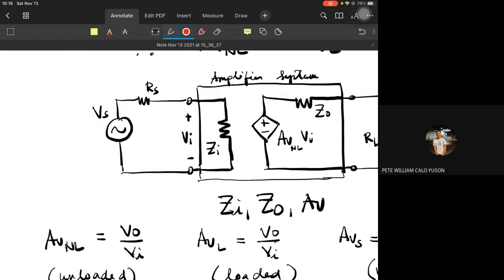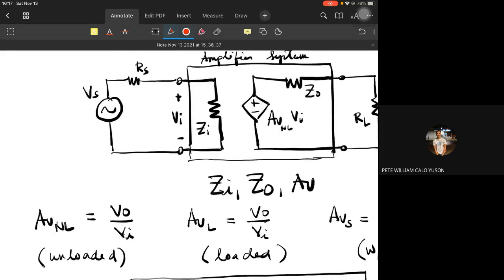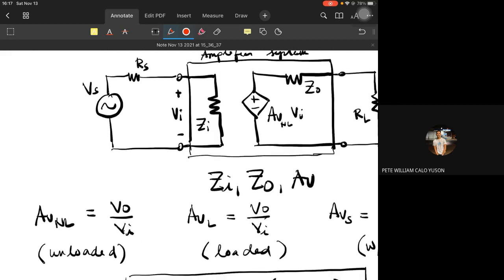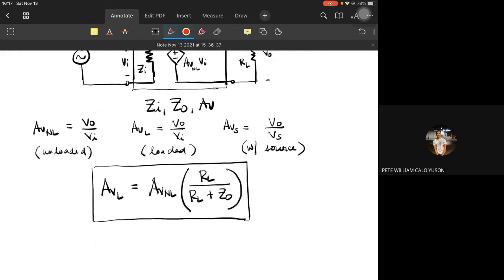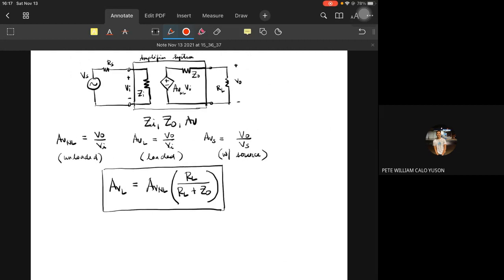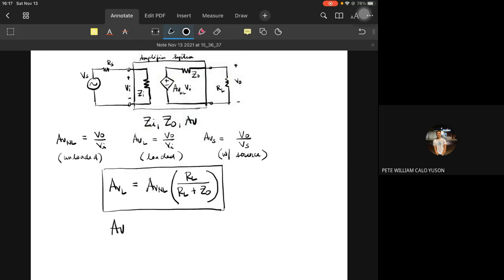So AVS is equal to VO over VS, such that AVS is equal to, it looks the same as the previous formula, AVL times ZI over ZI plus RS.